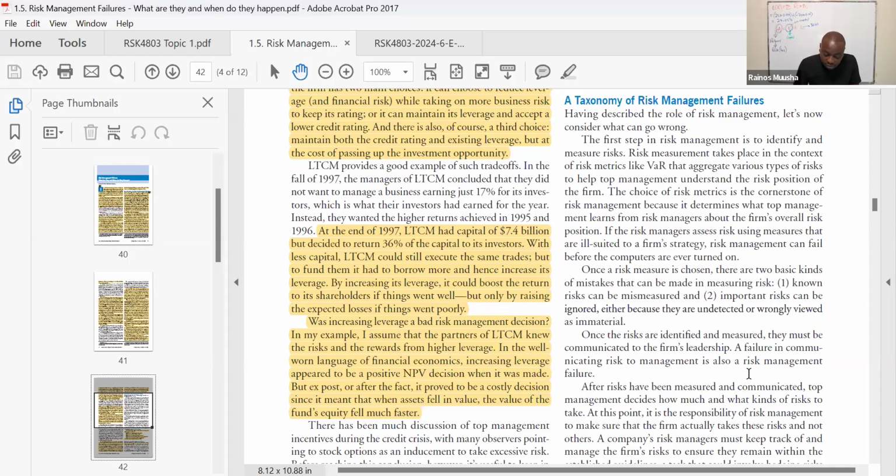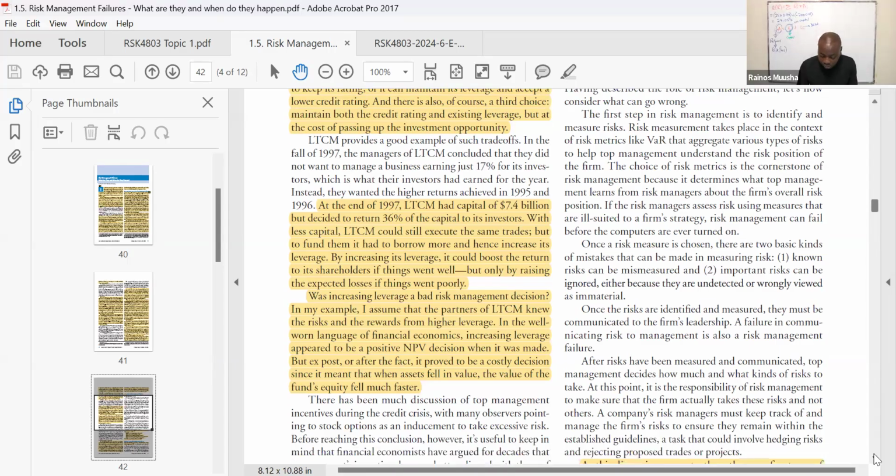But ex post, remember ex post, we're talking about after the event has happened. So after the event has happened, or after the fact, it proved to be a costly decision since it meant that when the assets fell in value, the value of the fund's equity fell much faster as well in response to that.